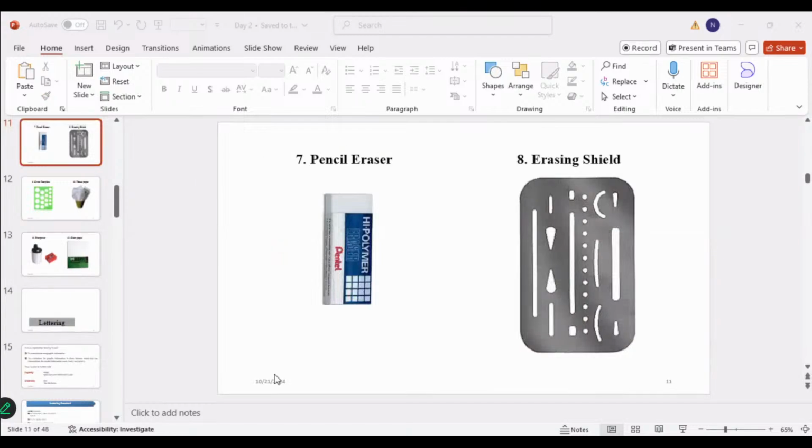Then the pencil eraser, to use for erasing. Okay, then erasing shields. Okay, so these are used to draw a specific line or a dot or a curve like that.